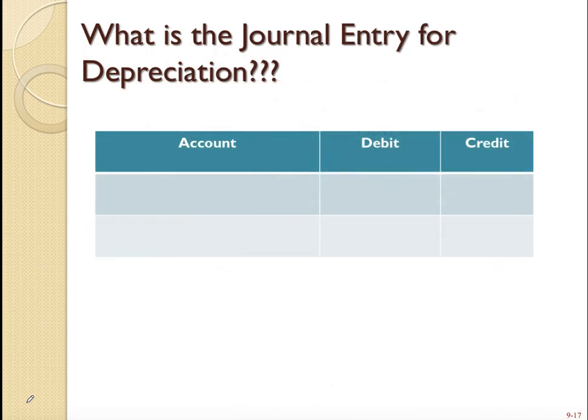So what is the journal entry for depreciation? Do you guys remember? We learned it back in chapter 3. Think about it. Okay, hopefully you remember that the entry is a debit to depreciation expense and a credit to accumulated depreciation.